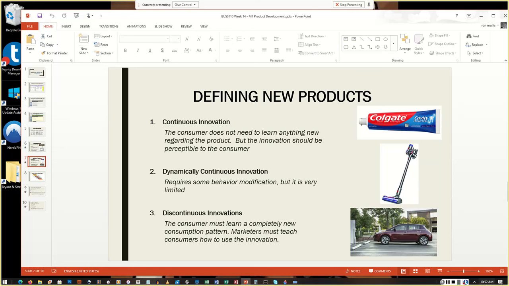So they had to figure out how to get it charged. And it's things like that where, with a new item like that, the marketers have to teach consumers how to use that product. Any questions?